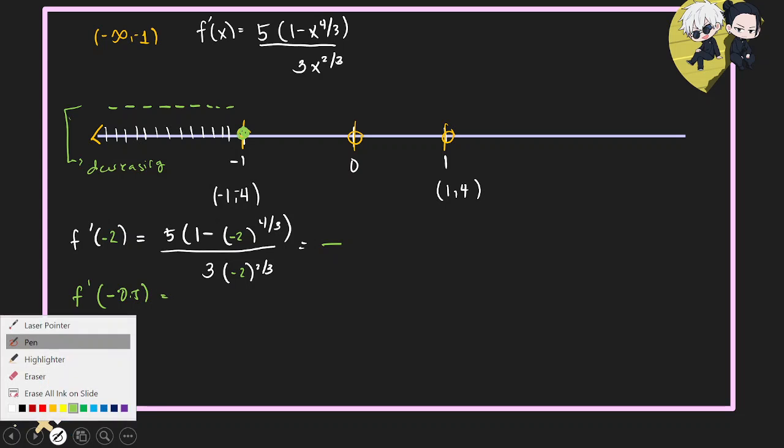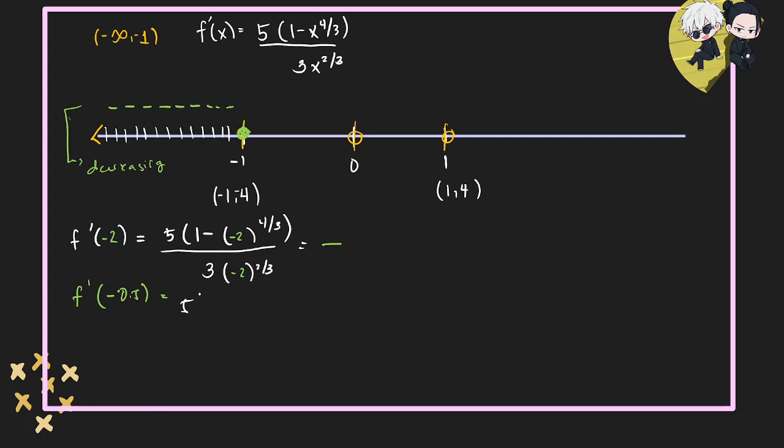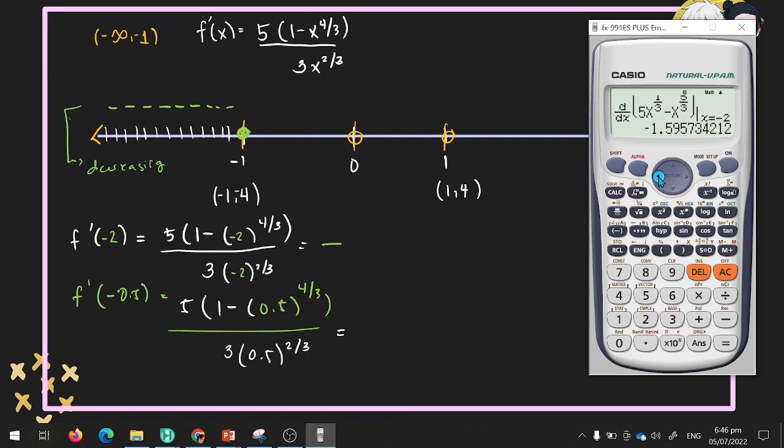So if you substitute the function 5 times 1 times 0.5 raised to 4 third over 3 multiplied to 0.5 raised to 2 third, it's the answer. You get your calculator, you just change this negative 2 to negative 0.5, or kahit anong number na nasa pagitan ng negative 1 at 0. So the answer here is 1.59.